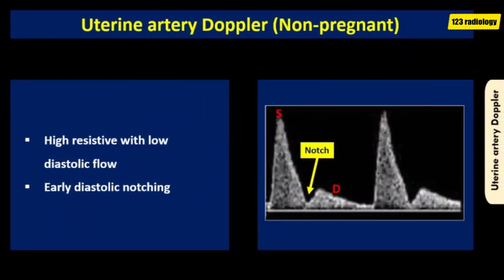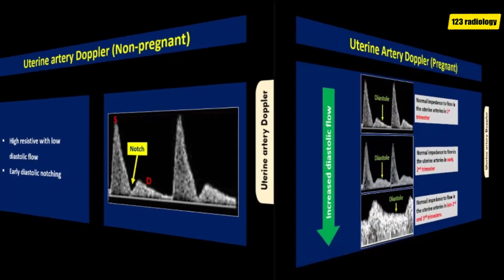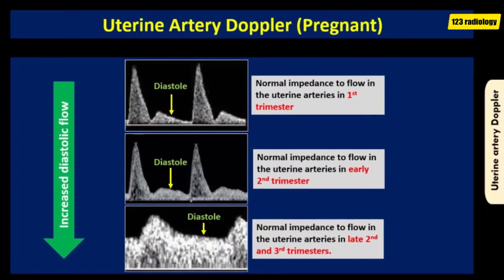In the non-pregnant uterus, the waveform of the uterine arteries is high resistive, with low diastolic flow and early diastolic notching. The resistance to flow in the uterine arteries decreases with advancing gestation in normal pregnancies, reflecting the trophoblastic invasion of the spiral arteries.